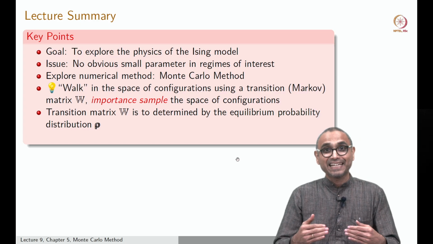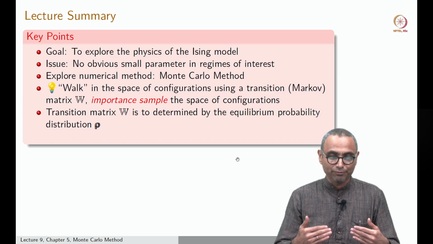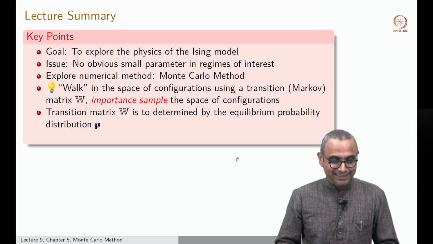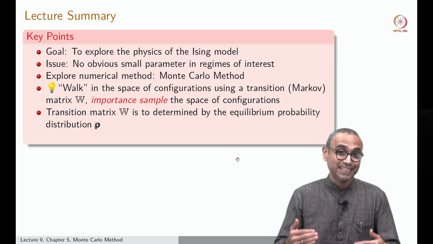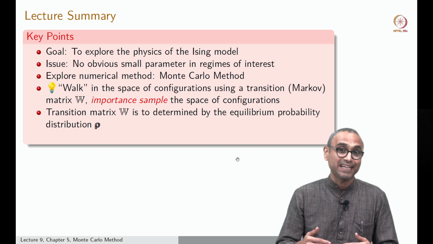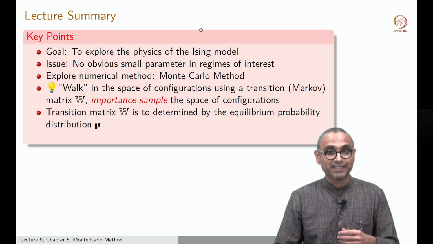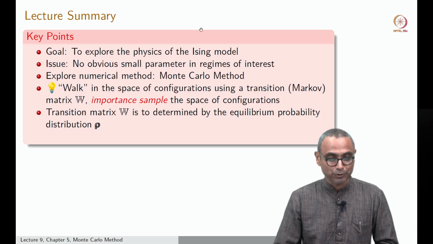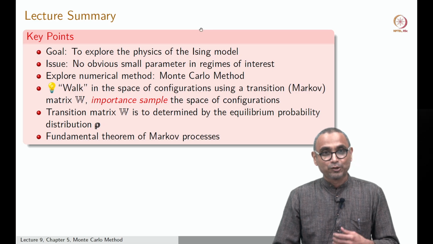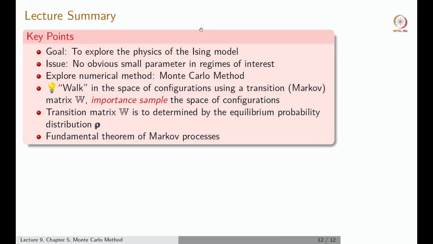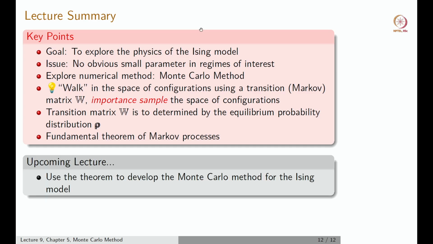This is done by designing something called a transition matrix or Markov matrix, and we want to design the Markov matrix in such a way that the right eigenvector given by our Gibbs distribution rho is the one with unit eigenvalue, therefore a steady distribution of W. To do this, we invested some time in understanding the fundamental theorem of Markov processes, and what's coming up in the next lecture is that we will use this theorem to develop a Monte Carlo method for the Ising model.